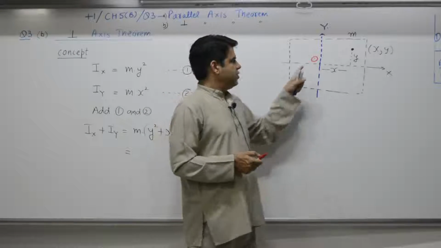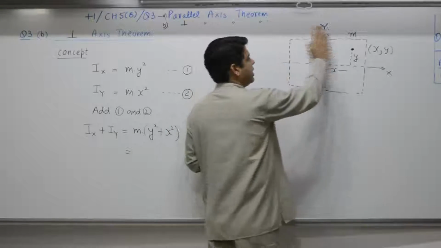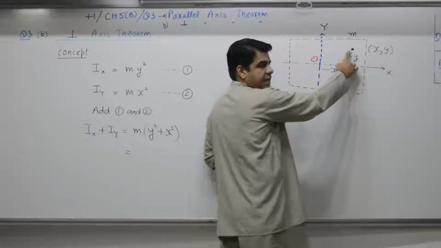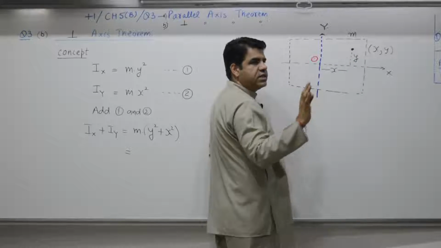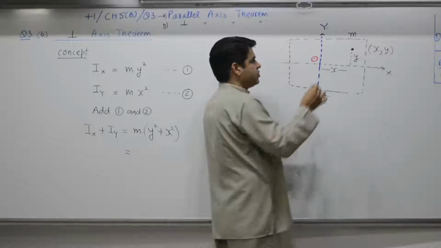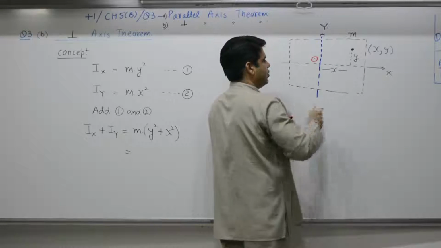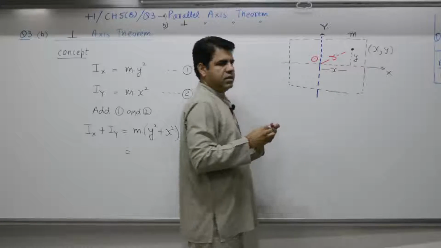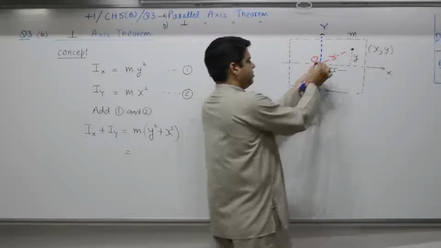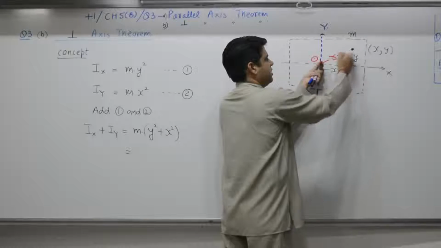Please don't say it is equal to z square. There is no z. This particle lies in the xy plane. It has an x coordinate, y coordinate, its z coordinate is 0. So x square plus y square is equal to r square. And r is the perpendicular distance of this object from which axis?